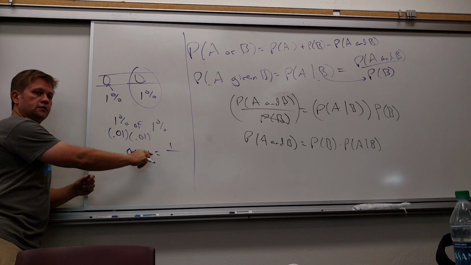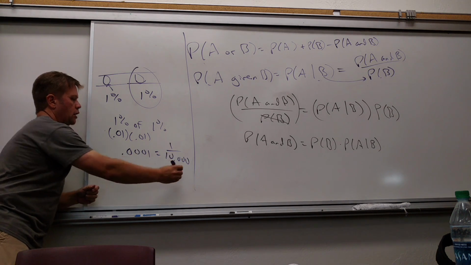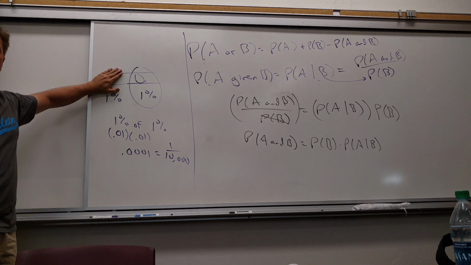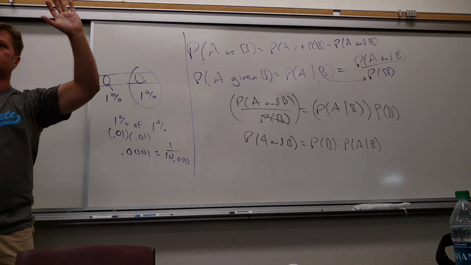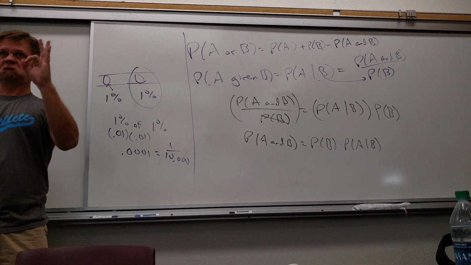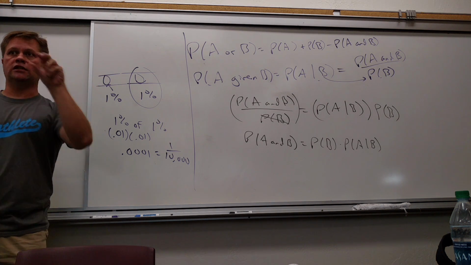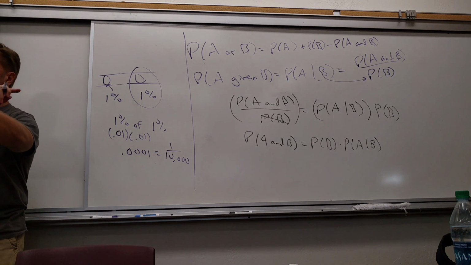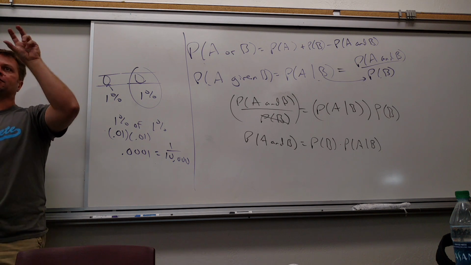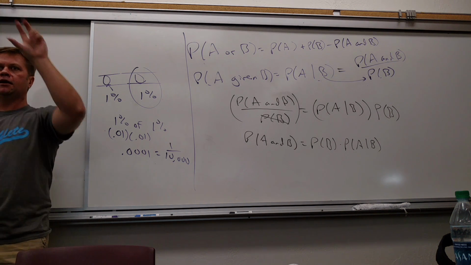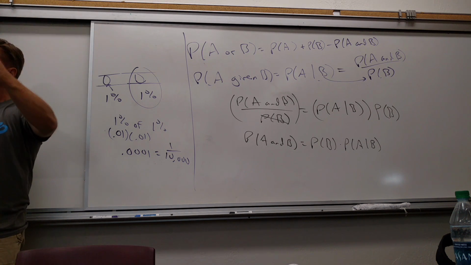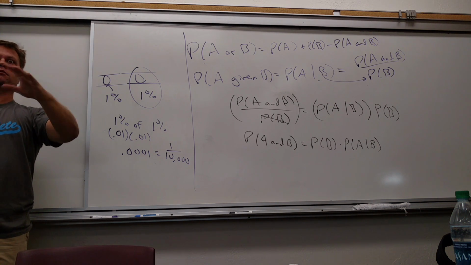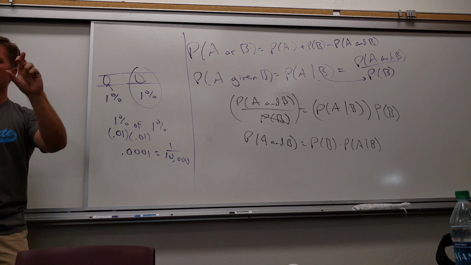tens, hundreds, thousands, 10,000. So now they went from a 1 out of 100 chance, that's what 1% is, right? To a 1 out of 10,000 chance. So if they put one more O-ring in there, that's looking pretty good. So every time you add another lock on the door, it's doing that. You're multiplying. So if this lock has a 2% chance of somebody breaking in, and this lock has a 1% chance of breaking in, 2% times 1%, you've just made it even less likely somebody's going to break in.